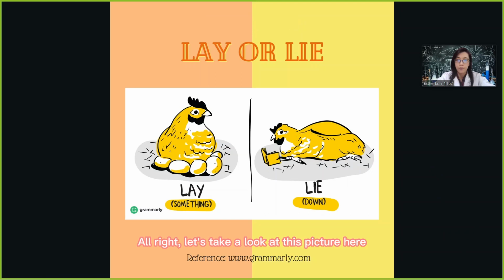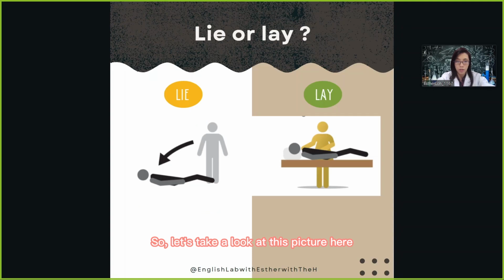Alright, let's take a look at this picture here with the word lay and the word lie. Can you see the difference between these two by looking at this picture alone? Well, I think not very easily, right? So let's take a look at this picture here.